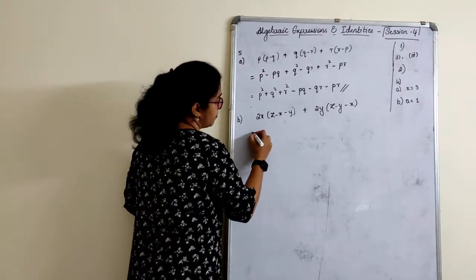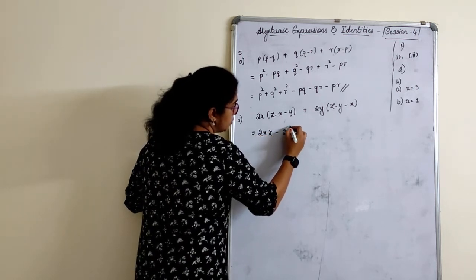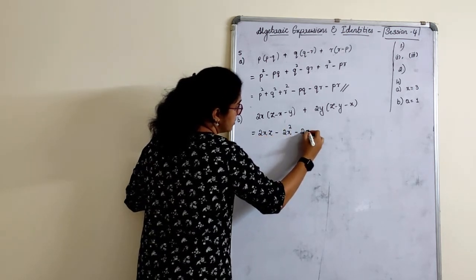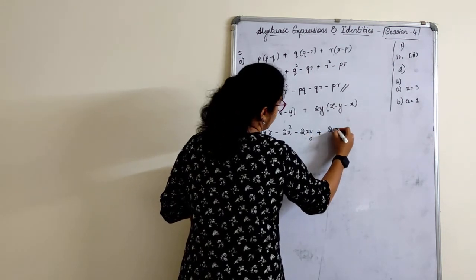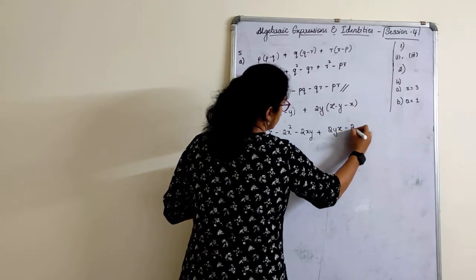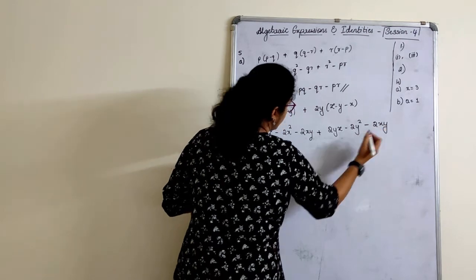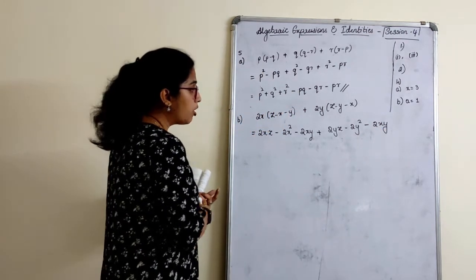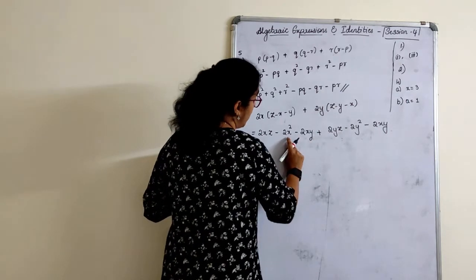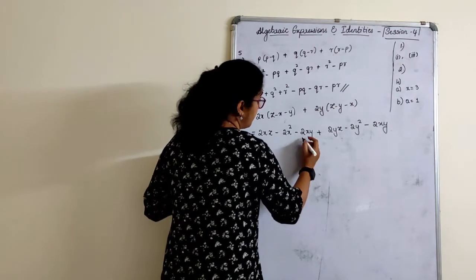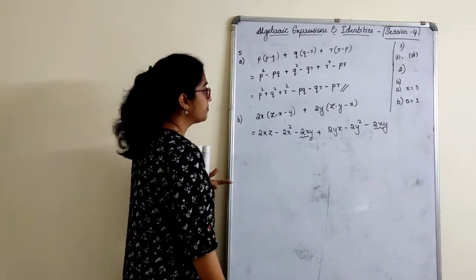Multiply this: 2xz minus 2x square minus 2xy plus 2yz minus 2y square minus 2xy. Okay. So any common terms what you have here? Do you have xz anywhere? No. Do you have x square anywhere? No. Do you have xy anywhere? Yes, we have xy.